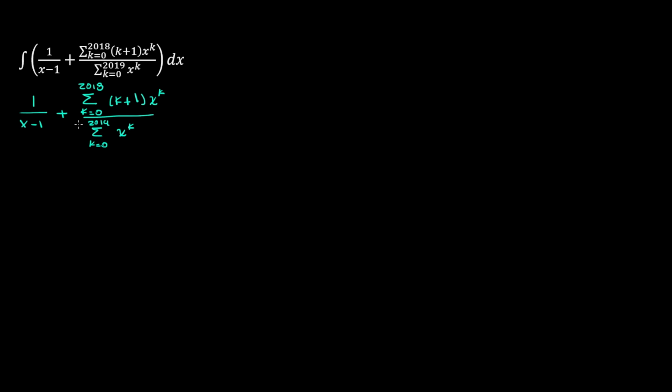So here we can cross multiply, and that'll be summation from k equals 0 to 2019 of x to the k power plus x minus 1 times the summation from k equals 0 to 2018 of k plus 1, sorry, k plus 1 times x raised to the k power.